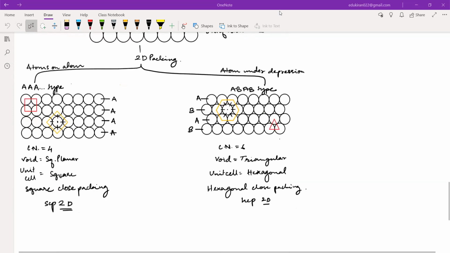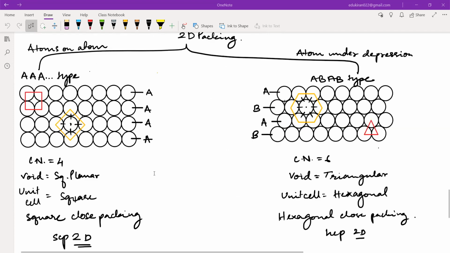So yesterday, just wait a second. So now we have a question: which of the packing is better? In 2D we have 2 types of packing. Now we have to ask which packing is better in this case.